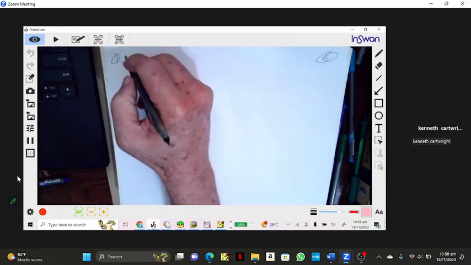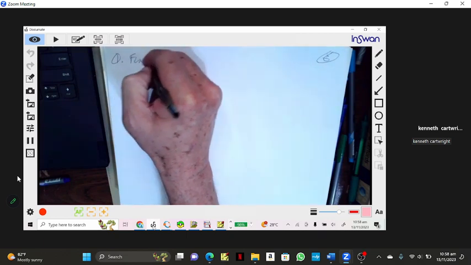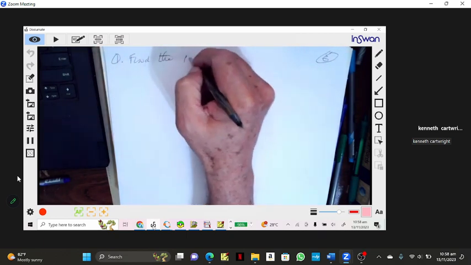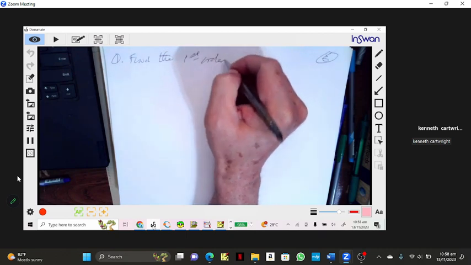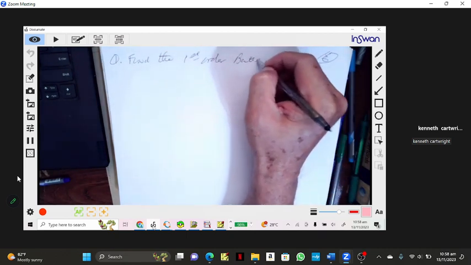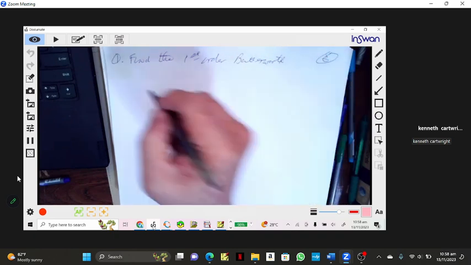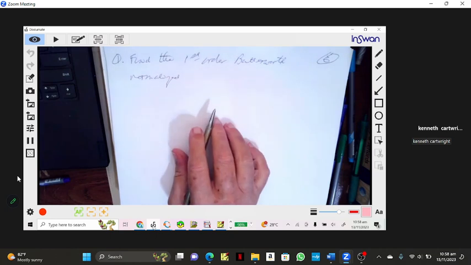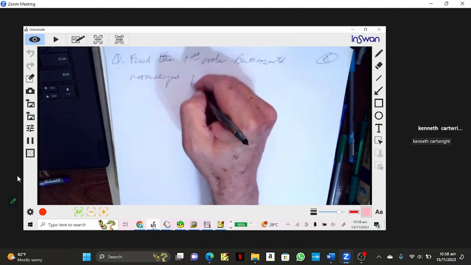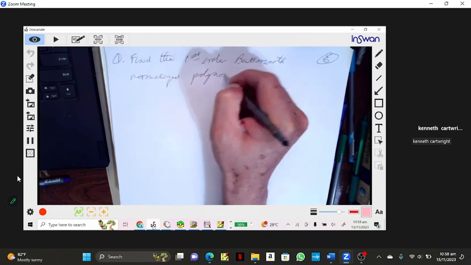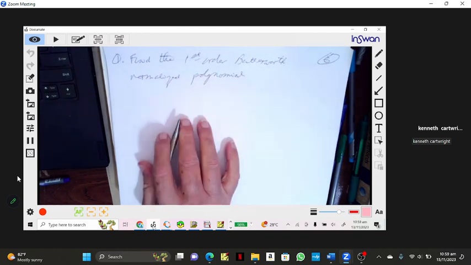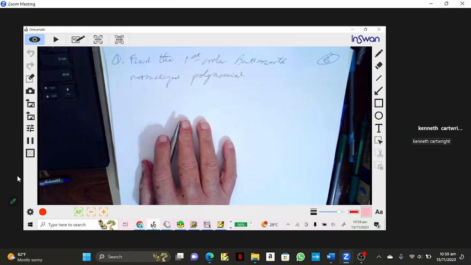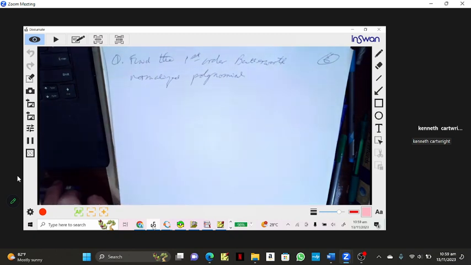So, find the first order Butterworth normalized polynomial. What does normalized mean? With a cutoff frequency of 1 rad per second, yes.